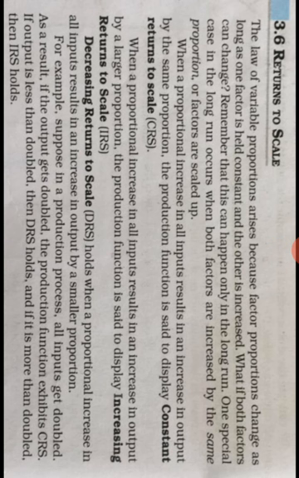Next one: when a proportional increase in all inputs results in an increase in output by a larger proportion. For example, now you kept 10 labor in one field, and instead of 10 quintal of production, they are producing 20 quintal. So the difference is greater than the input.